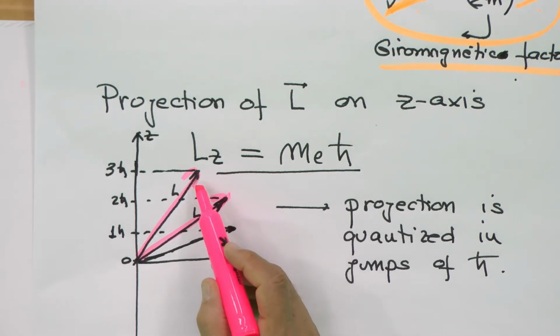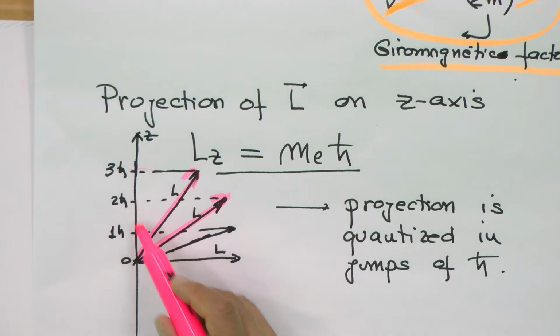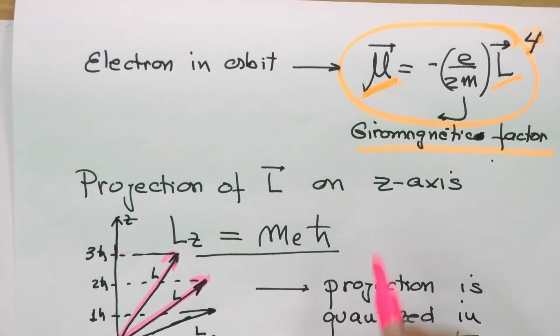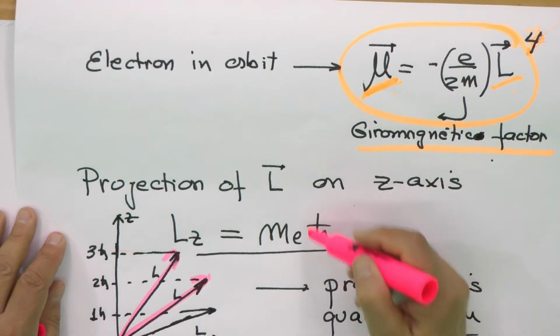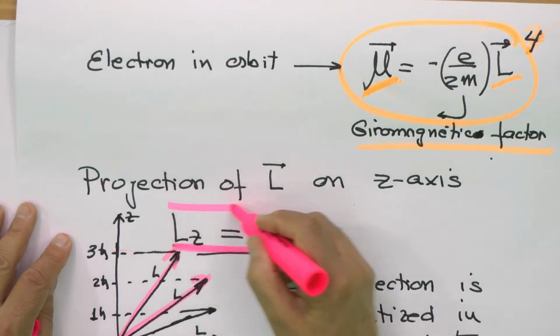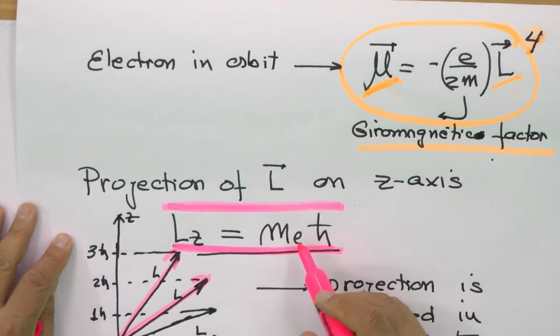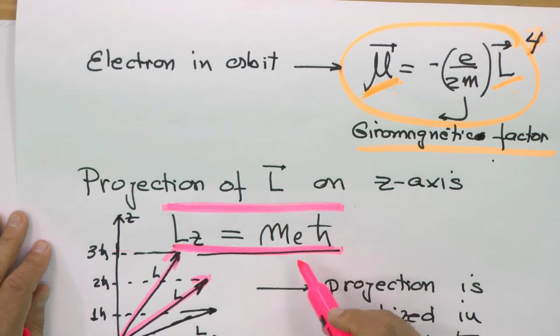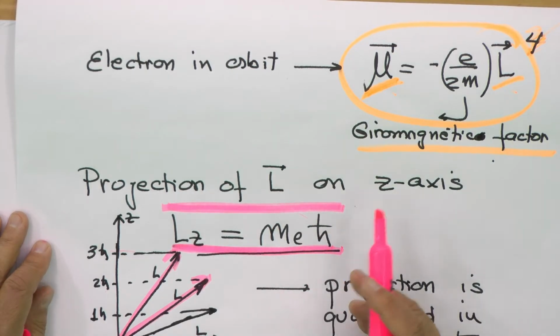Now, the projection of it is exactly the ml. So the Lz, we can prove, is ml h bar. But we already proved that ml can only be some integer values.